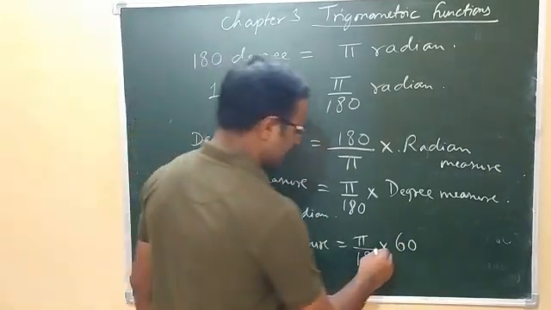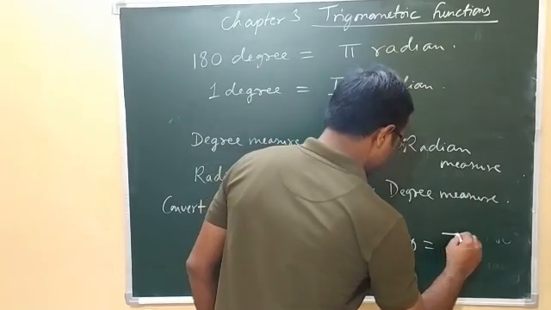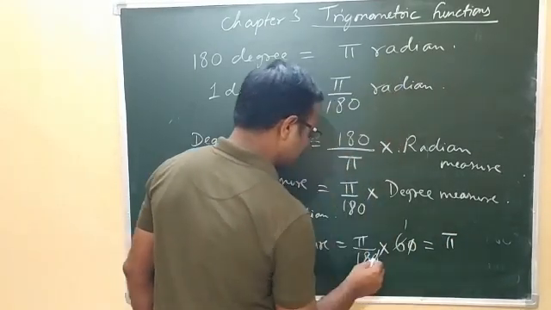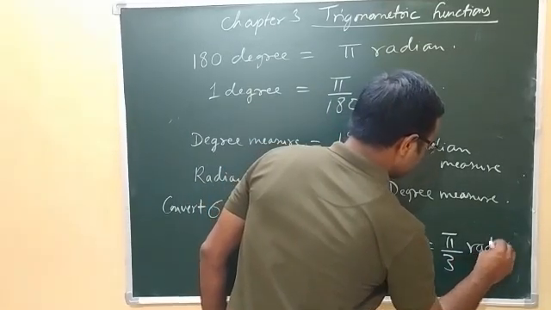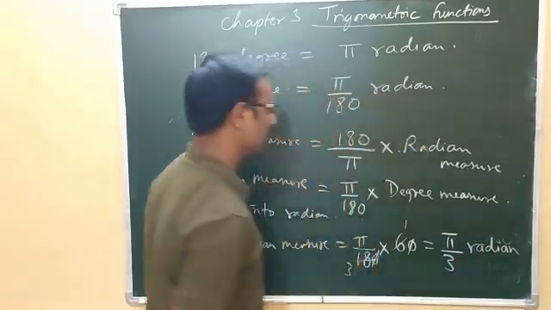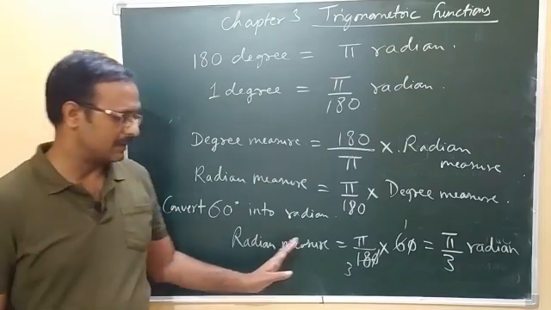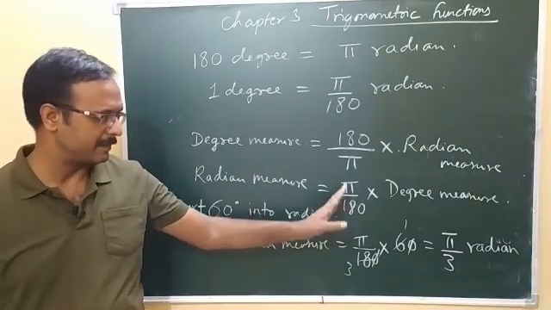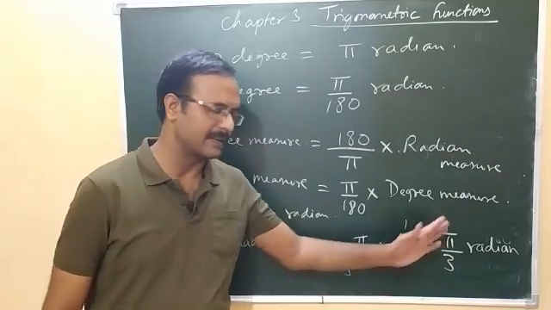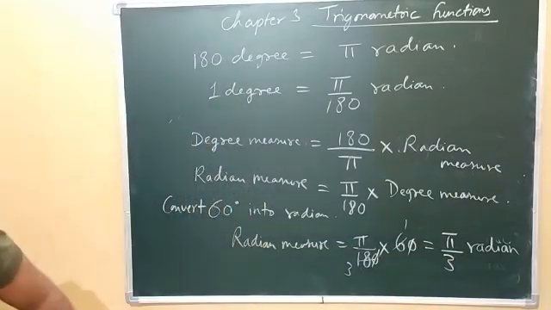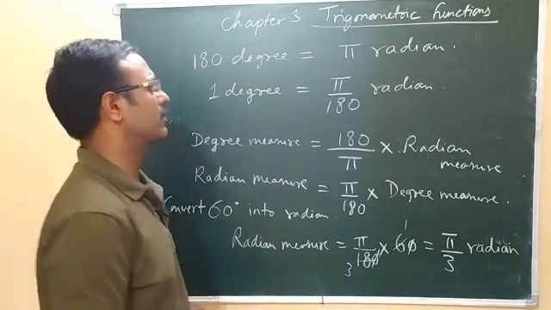So if we solve this, you will get 6 1 6, 6 3 18. So you will get pi by 3 radian. So radian measurement will be pi by 180 into whatever degree measurement it is given, you multiply and get the answer. Similarly, you can find in the reverse order also.